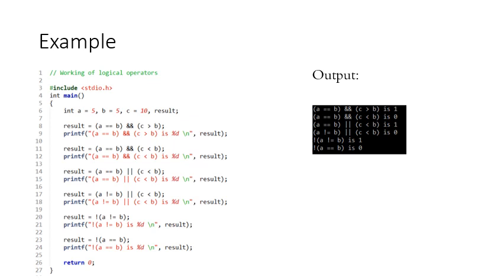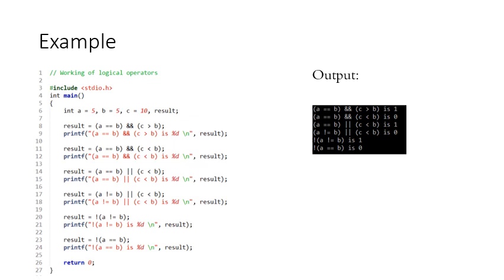Okay, so assuming we have variables a, b, c and result, and a, b, c have values 5, 5, and 10. Okay, for line 8, we are evaluating this expression where we first check whether a and b are equal, and whether c is greater than b.